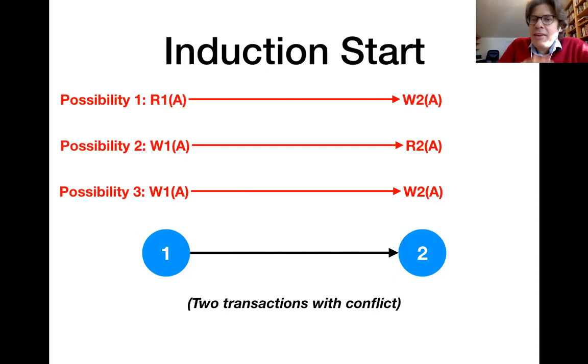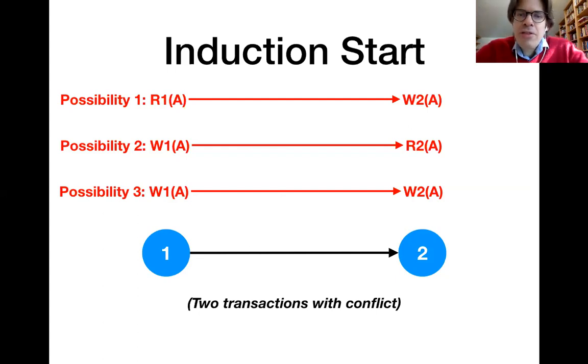So we essentially have three possibilities. Either transaction 1 is reading object A and then transaction 2 is overriding it, or transaction 1 is writing to object A and then transaction 2 is reading it, or both of the transactions are writing to object A. So the second transaction is essentially overriding the value of the first transaction for A.